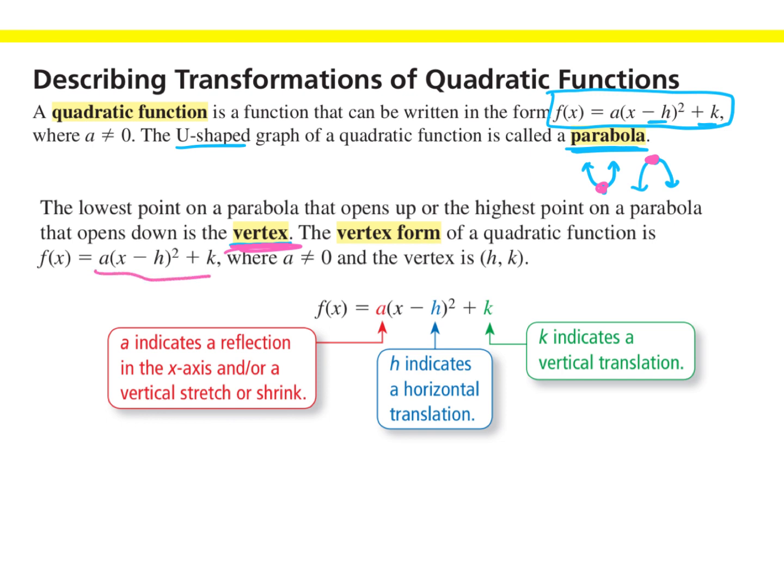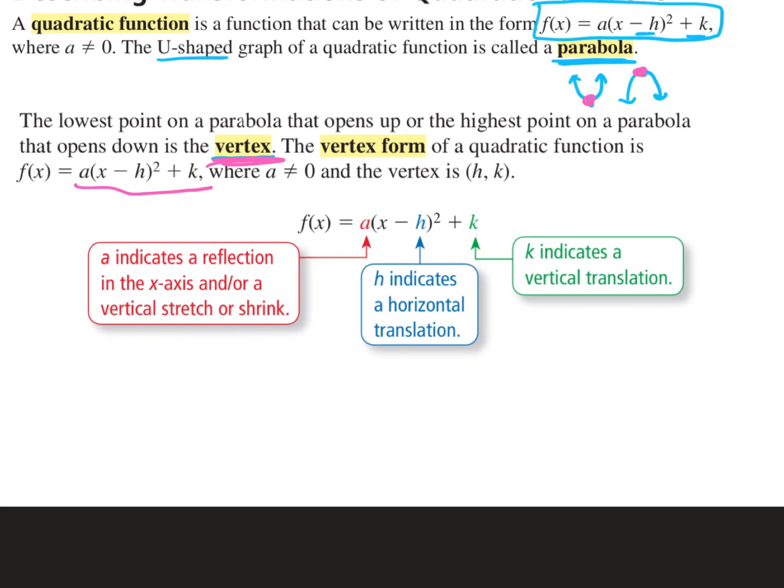Again, vertex form is written here, and down below, it describes transformations. So a, the number that we multiply out front, indicates a reflection in the x-axis and/or a vertical stretch or shrink. If a is negative, then we have a reflection in the x-axis.